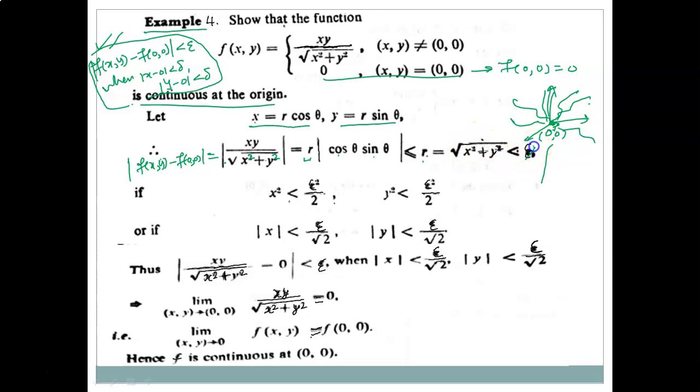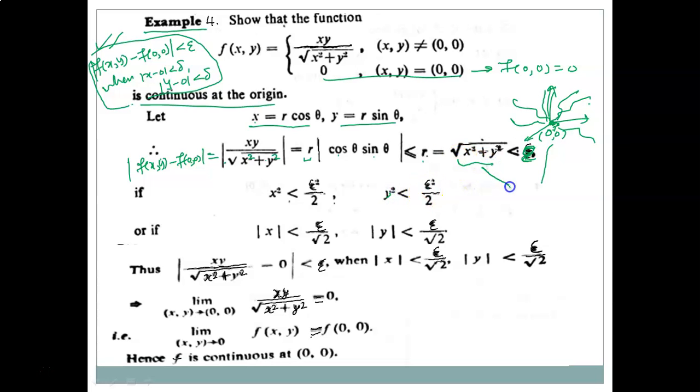If we assume that this value is less than epsilon, this can be less than epsilon if we suppose x square is less than epsilon square by 2 and y square is also less than epsilon square by 2.